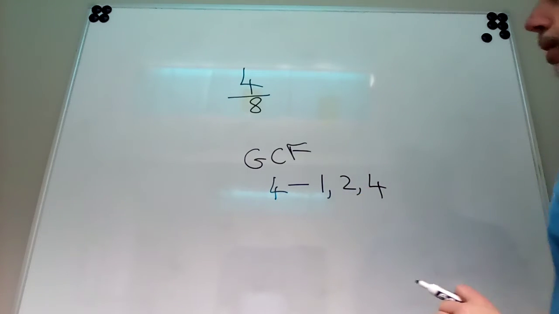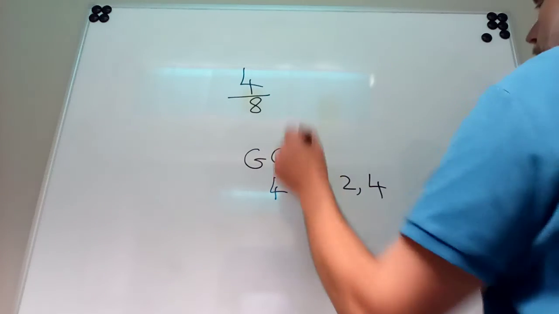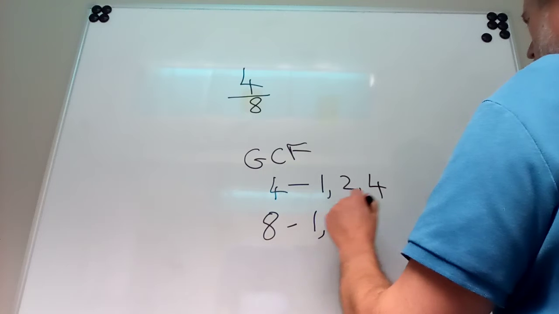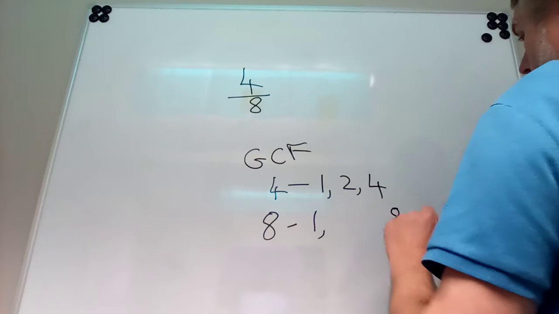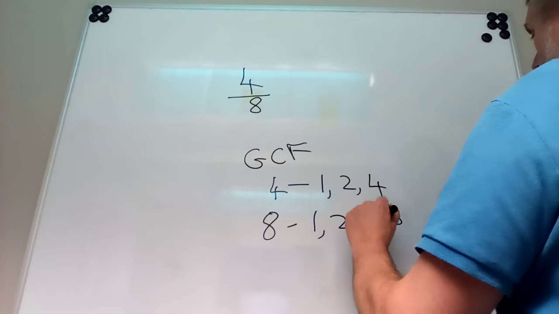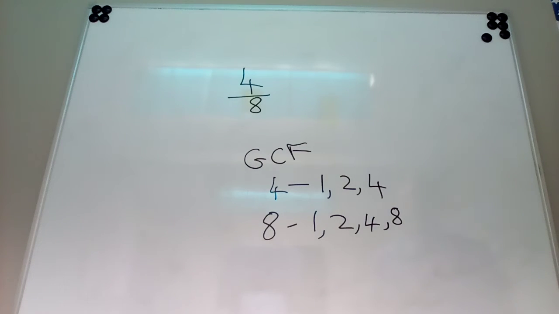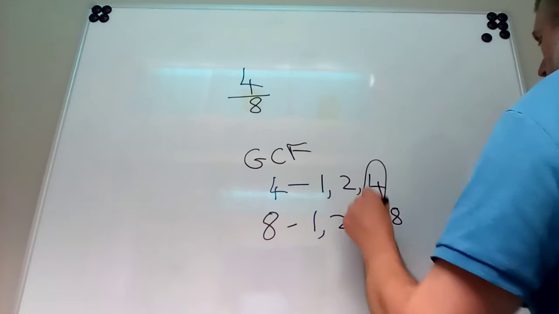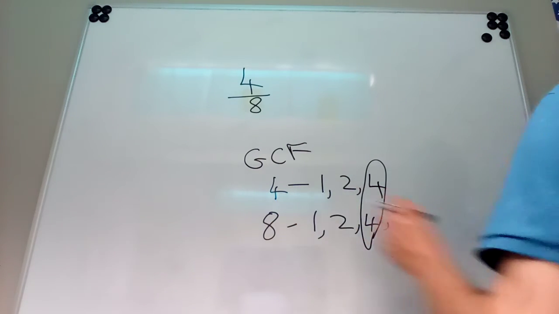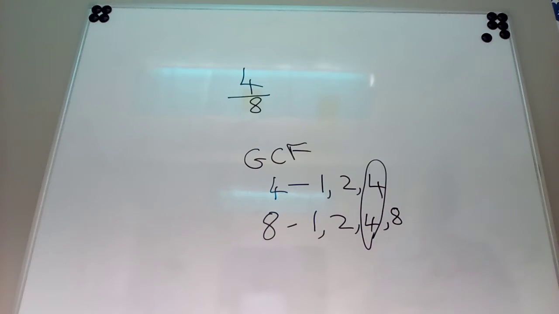So those are the only factors. For 8, your factors are 1 times 8 would equal 8, and 2 times 4 would equal 8. So those are your factors of 8. So what is the greatest common factor? Well, your greatest common factor is 4. That's the biggest number that's a common factor between these two numbers.